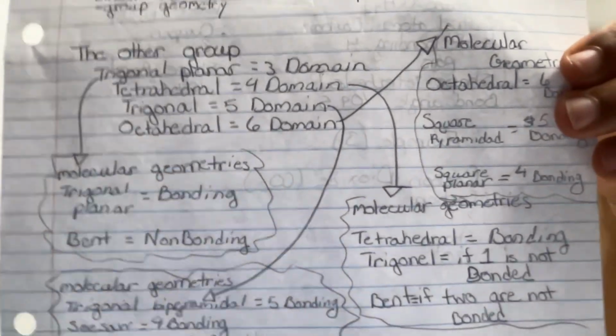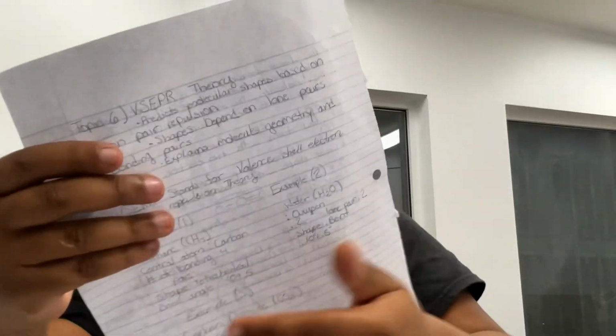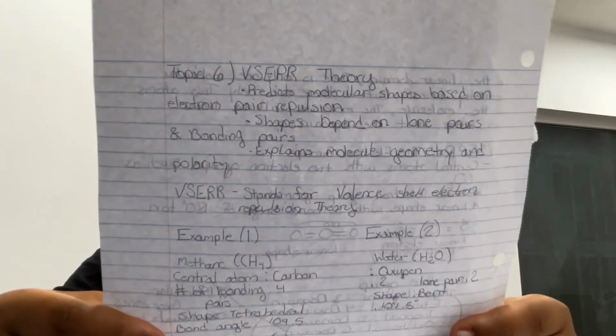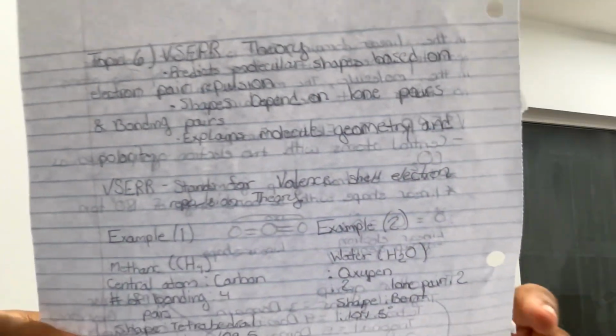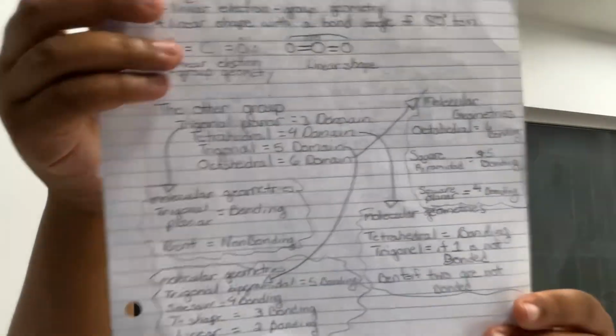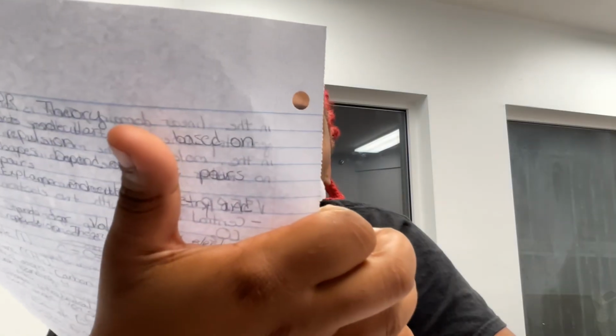not geometry. And these are how you know. These are just for bonding, because the theory is mainly about bonding, where there are 2 electron groups around center atoms in two groups such as oxygen.